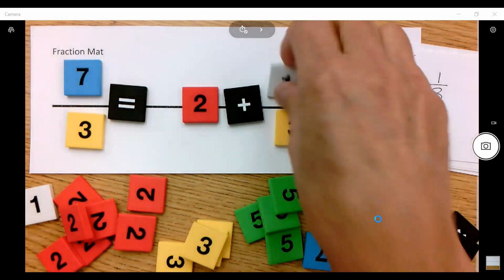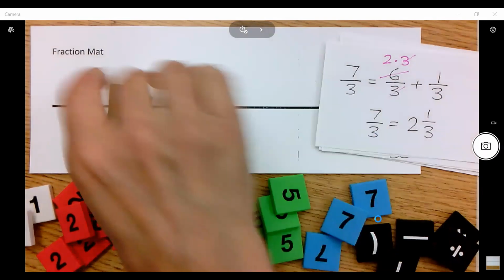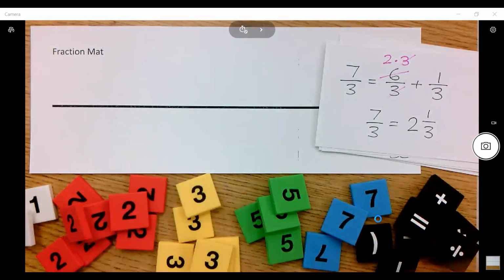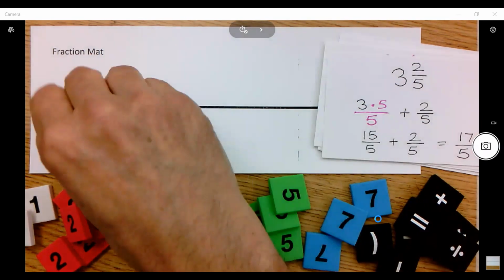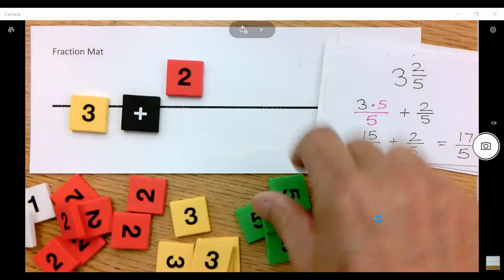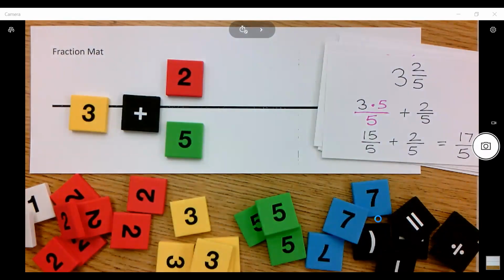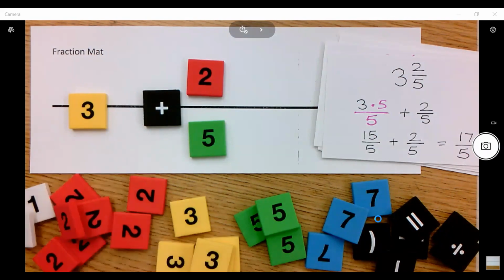We could do the reverse, starting out with a mixed number or mixed fraction, and then trying to turn that into an improper fraction, or a fraction greater than 1. So if I start with 3 and 2/5, well, I've got the whole number 3 plus 2/5. Now, I can take that whole number 3 and make it into any fractional part I like.